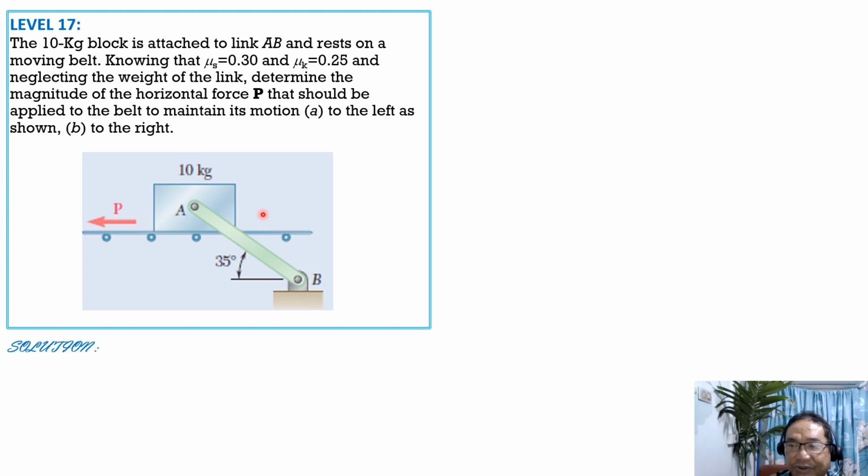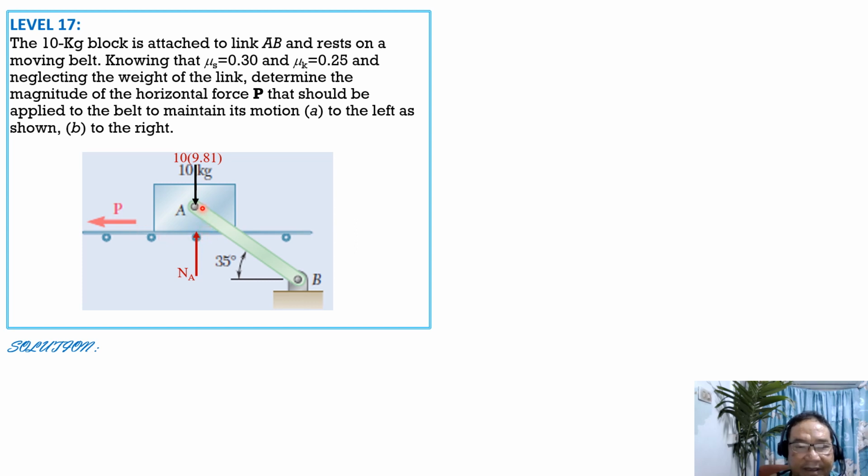So for the solution, let's apply the weight, which is 10 times 9.81. Then the normal reaction here, which is equal to Na. This is the normal reaction on the underside of the belt.